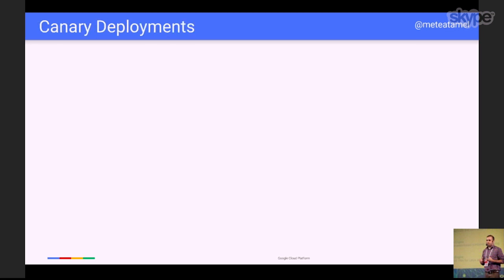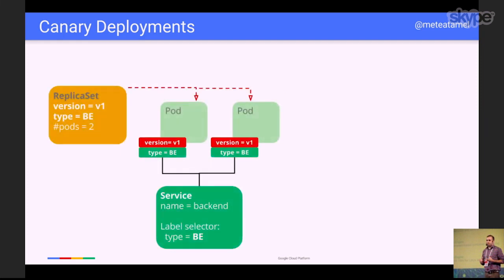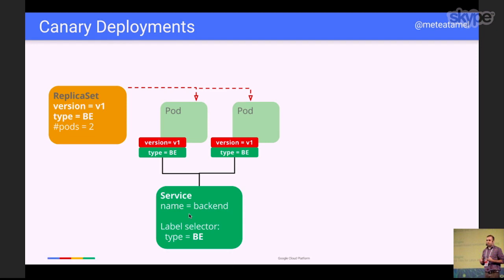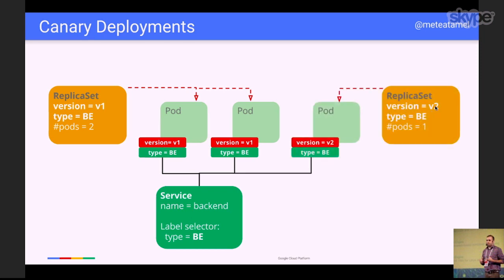Then you can do useful things like canary deployment. Let's imagine you have a replica set that's managing 2 pods, and these pods have version 1, so they're running version 1 of your code, and they're being serviced by this one service. And you want to introduce the new version into your environment. What you can do is create another replica set, but this replica set uses version 2 of your code.